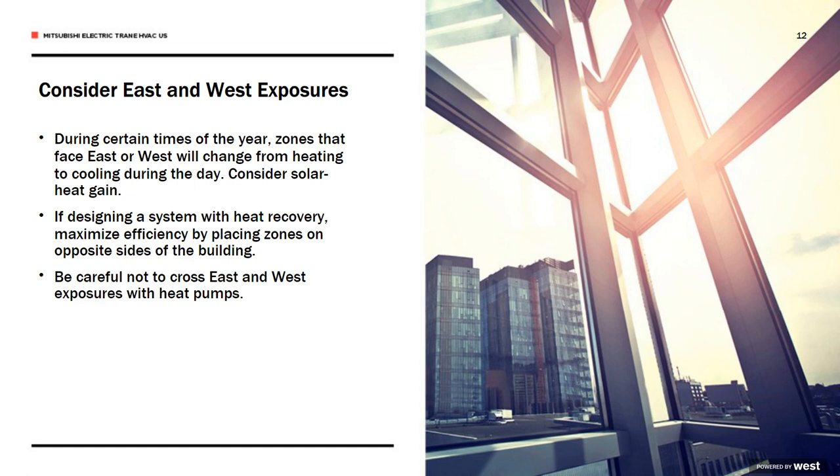So you might want to design a heat pump system because it'll actually absorb some of the heat in the refrigerant cycle and push some of the heat from the sun that's coming in from the east side and actually push it to the west side. But be careful, if you're going to use a heat pump system, you'll want to actually provide a system for the east exposure and a heat pump system for the western exposure.